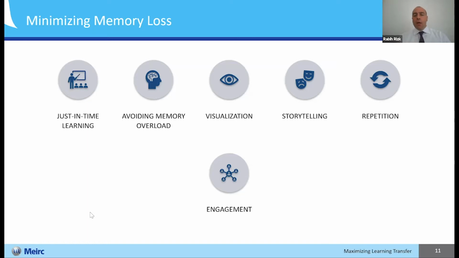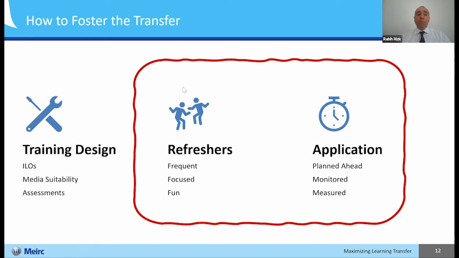That's why we will need to really choose the blend of learning methodologies depending on the topic that we are offering. So that was a high-level view of strategies to avoid or at least minimize the memory loss, which is causing the information to fade.